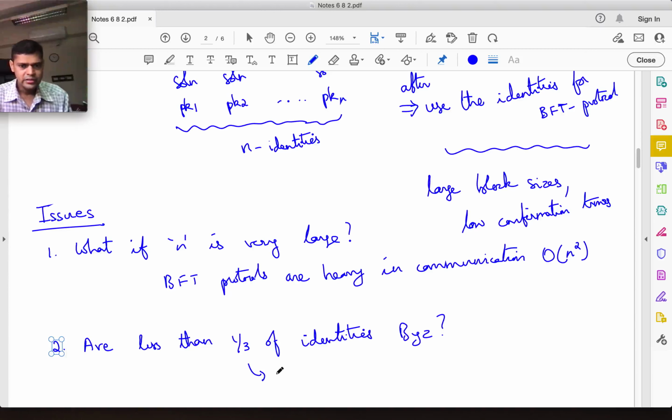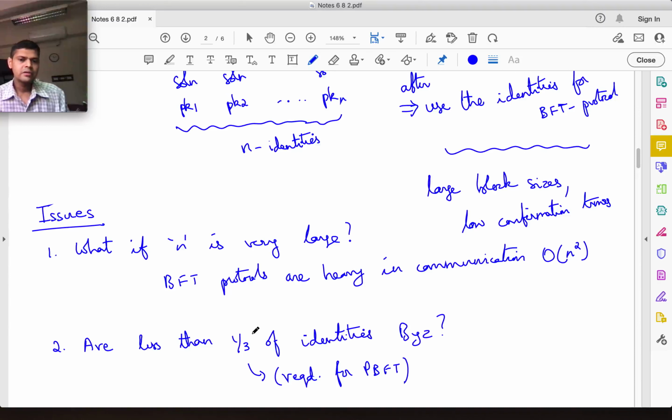Okay, so 1/3 is of course required for PBFT, but the BFT protocol which RapidChain uses can tolerate anything up to 1/2 of identities being Byzantine. So it's a more recent protocol.